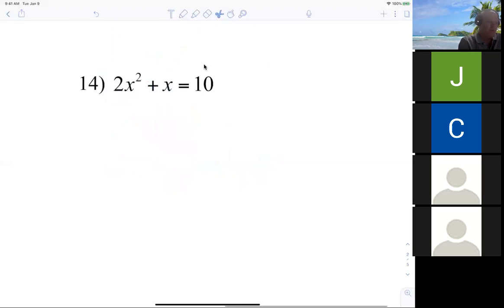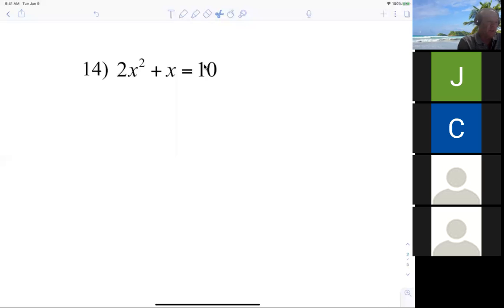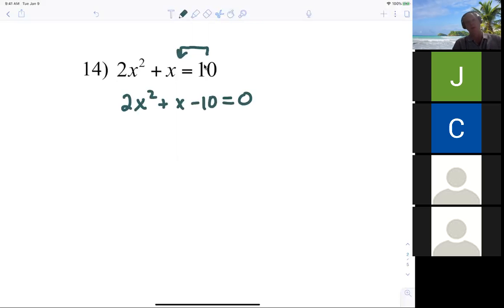Okay, so the first problem we have in number 14 is it's not set equal to 0. So the first thing we have to do is we have to move the 10 over. So 2x squared plus x minus 10 equals 0. Now, I always tell kids the easiest way is to factor.